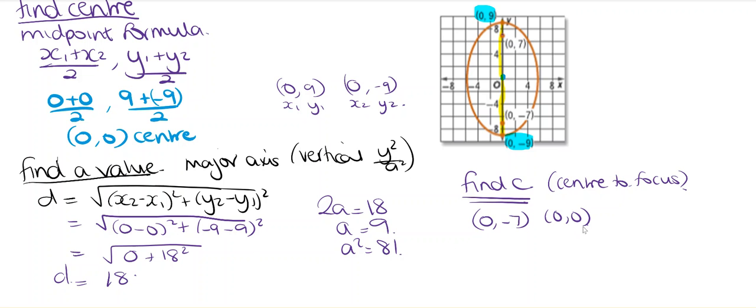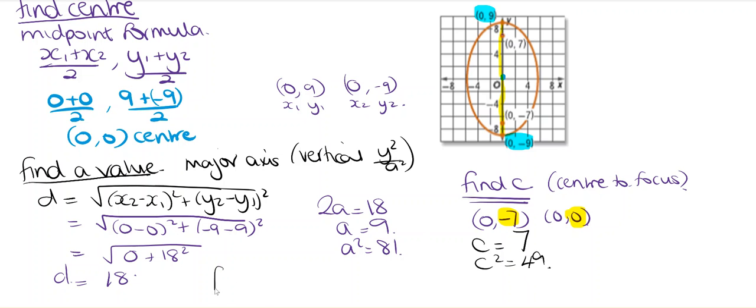We could use the distance formula again, or from our graph we can see that, if we look at our y values, the distance between -7 and 0 is 7. So our value for C is 7, so C squared will be 49.